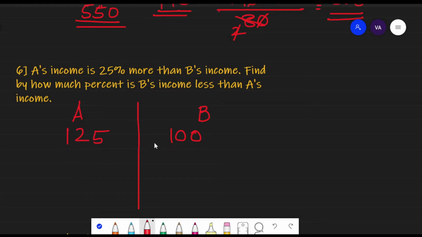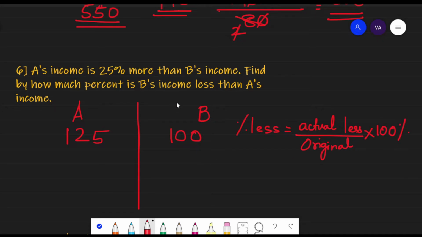Okay. Now they are asking, find by how many percent B's income is less than A's income. That means they are asking percent less, or percent decrease. So the percent less formula is actual decrease or actual less divided by original quantity or original value, into 100%.